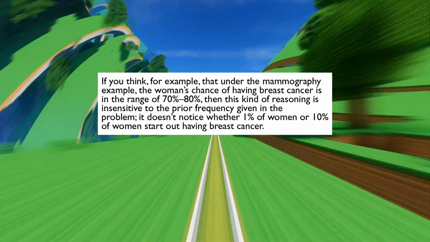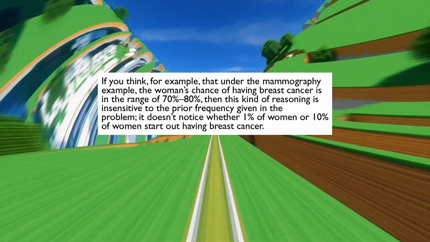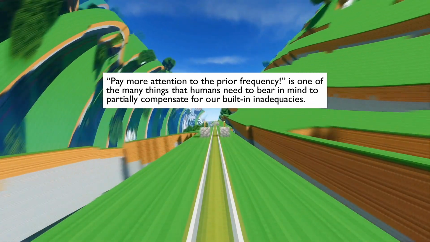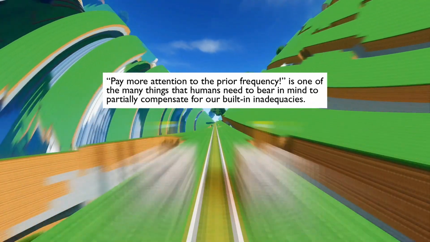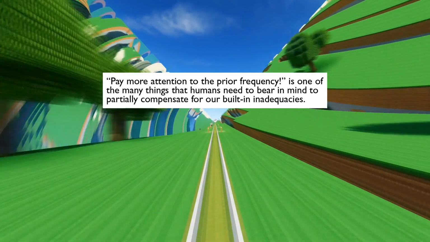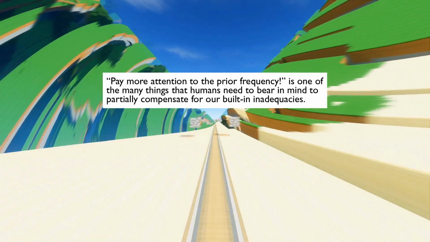It doesn't notice whether 1% of women or 10% of women start out having breast cancer. Paying more attention to the prior frequency is one of the many things that humans need to bear in mind to partially compensate for our built-in inadequacies.